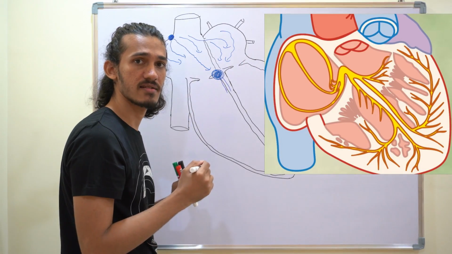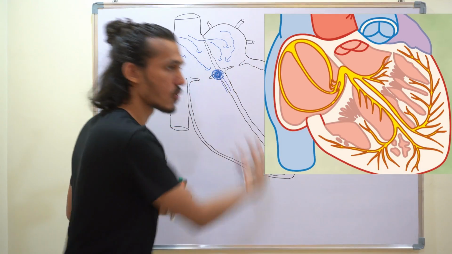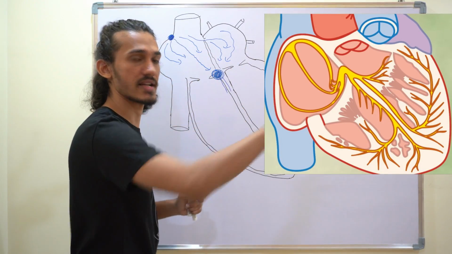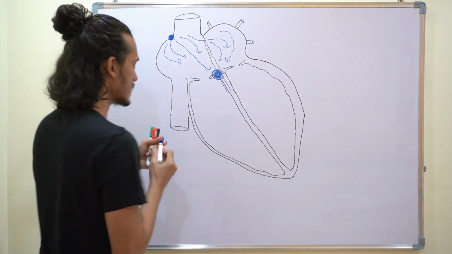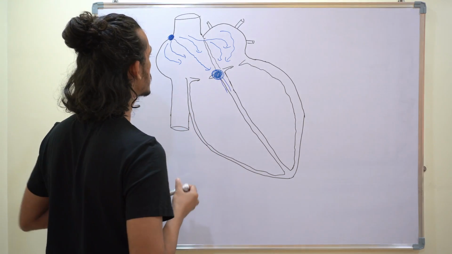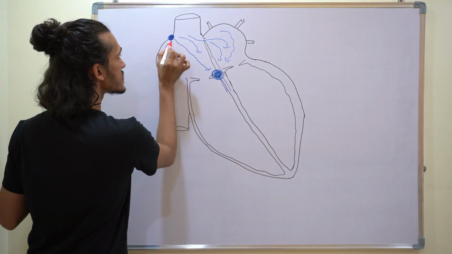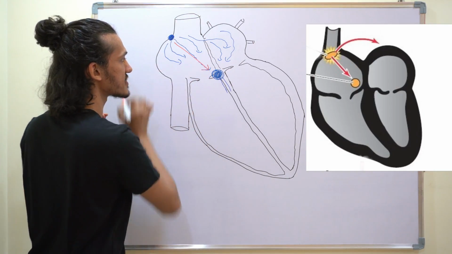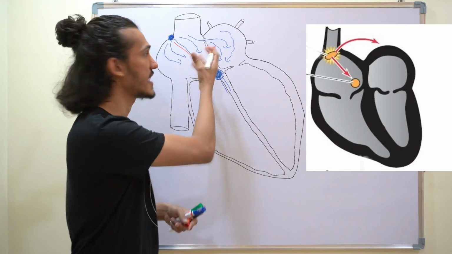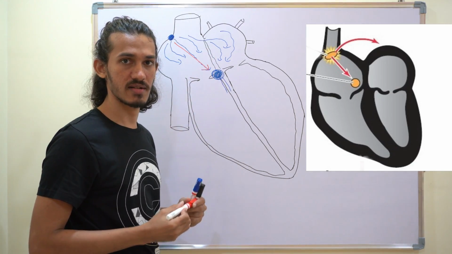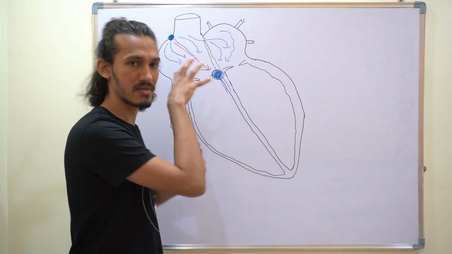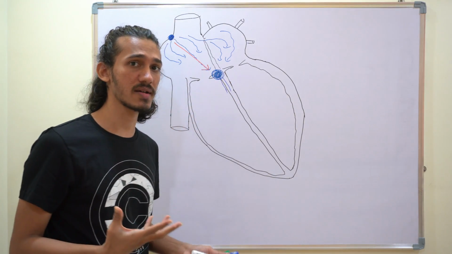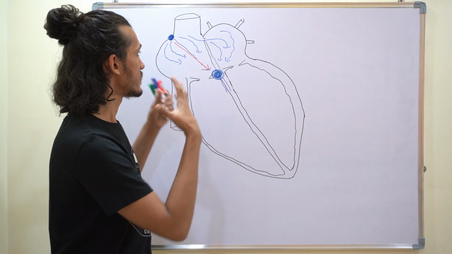So you see over there how the Purkinje fibers are going around like this. Right? So the general direction would be like this towards the AV node. Got it?